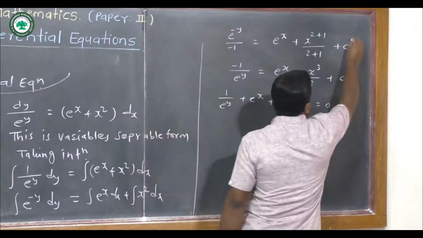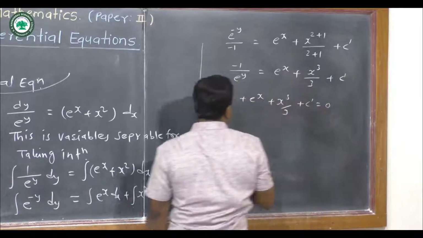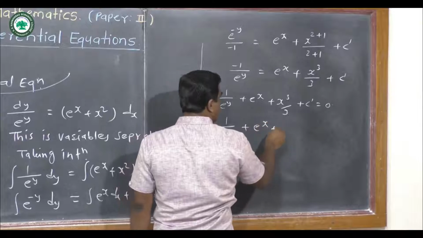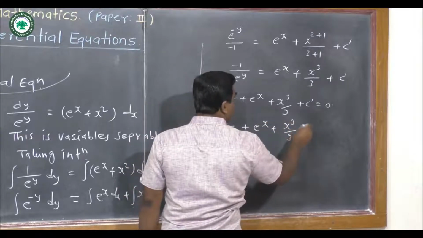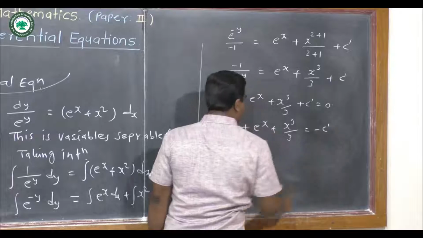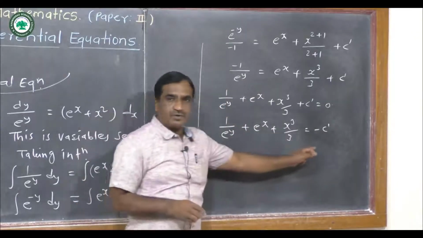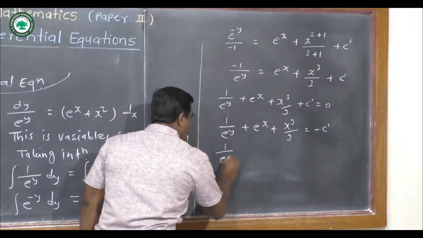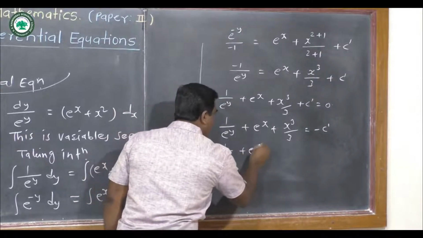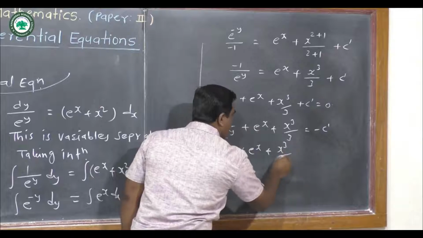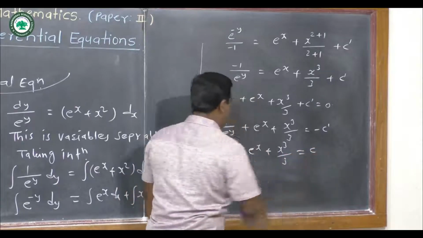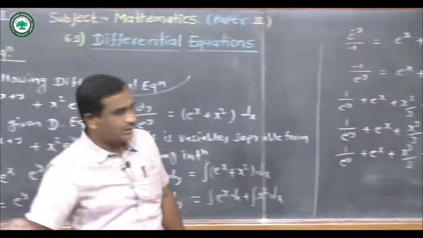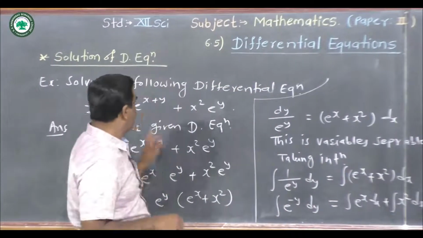Now we can write the constant of integration as c dash, that is 1 upon e raised to y plus e raised to x plus x cube upon 3 is equal to minus c dash, and finally, writing the constant minus c dash as c, 1 upon e raised to y plus e raised to x plus x cube upon 3 is equal to c. This is the required general solution for the given differential equation.